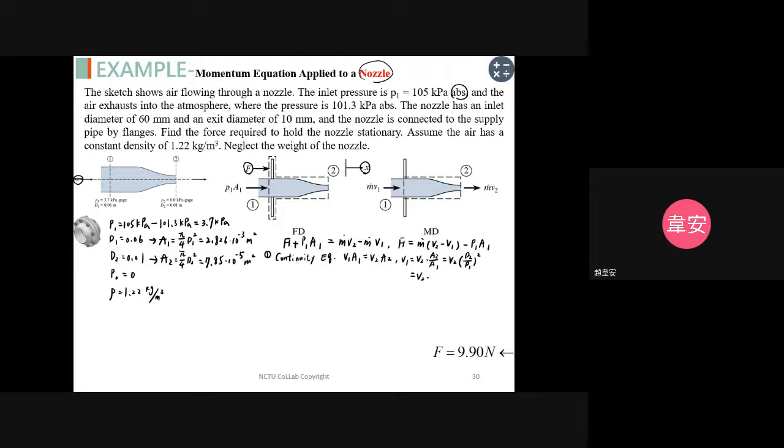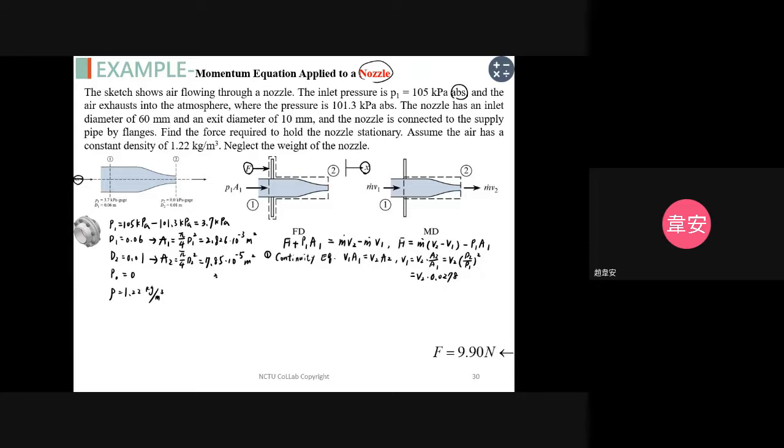Computing the ratio and squaring it, it is equal to 0.0278. The continuity equation provides the relationship between V1 and V2.